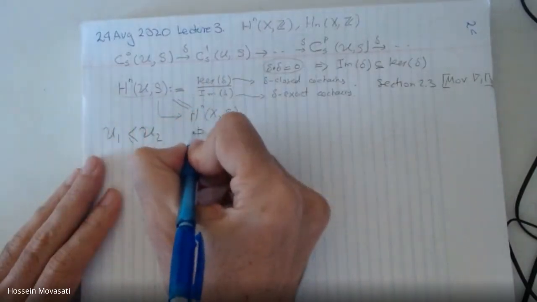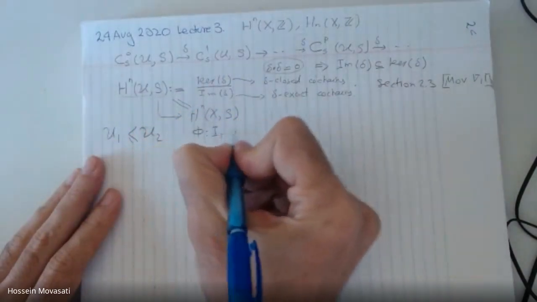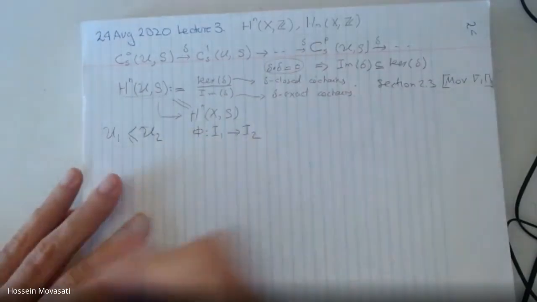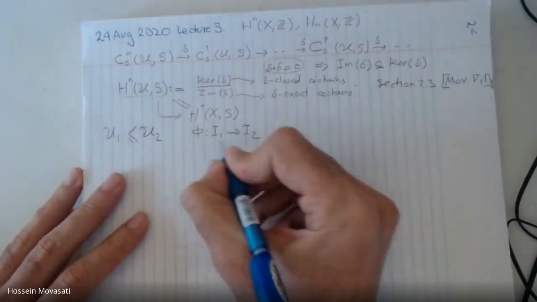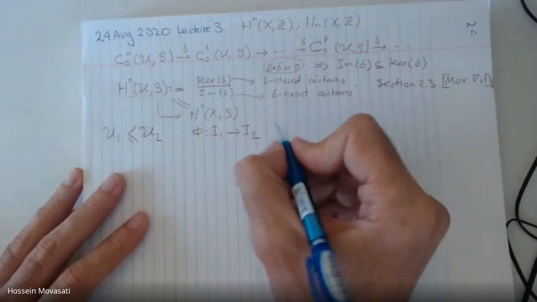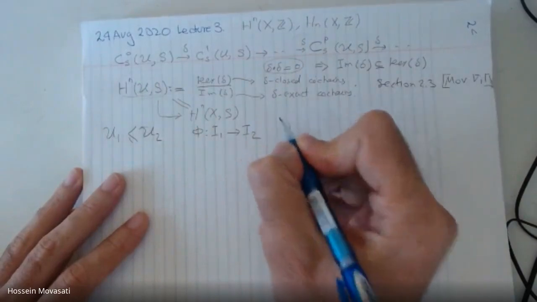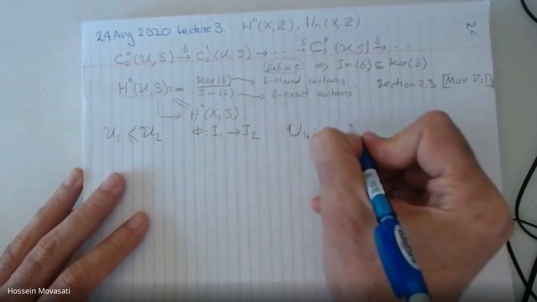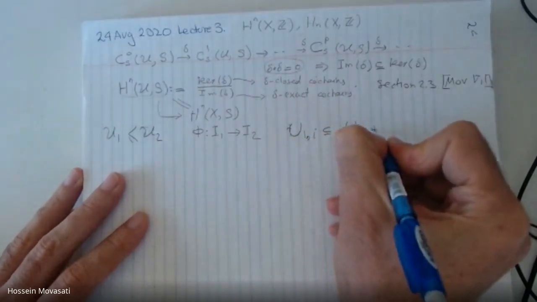At the end, it means that from the index set of one to the other I have this map such that U1 I is inside U2 phi(I).